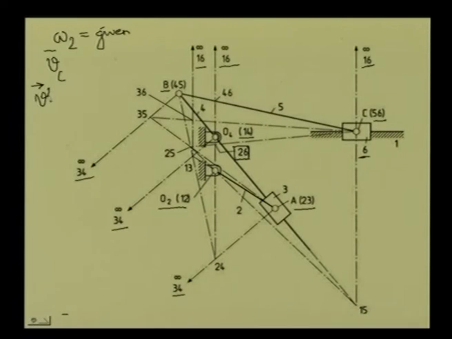If I consider it to be a point on body 2, the velocity is omega 2 cross the vector from O2 up to the point 2 6.